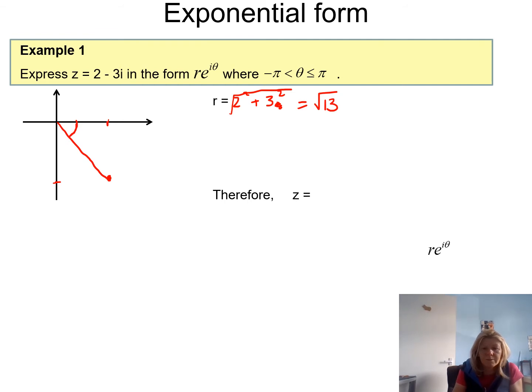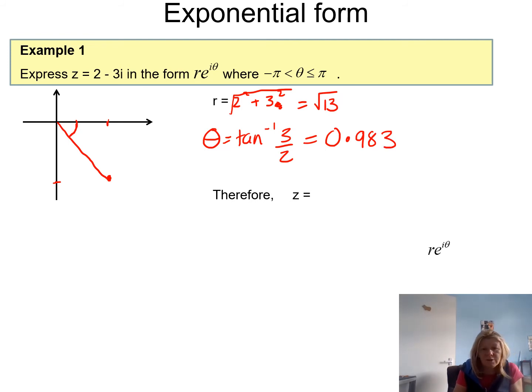The theta, tan to the minus 1 of b over a, keeping all negatives out of it. And if we do that on the machine, that comes out at 0.983 in radians, which is what it wants.